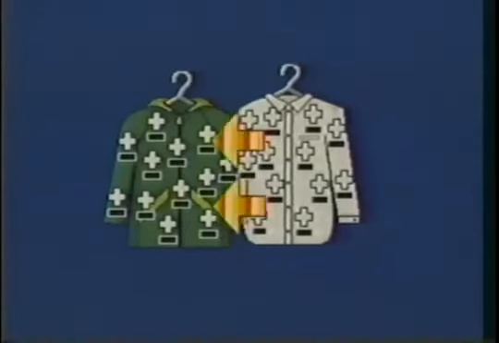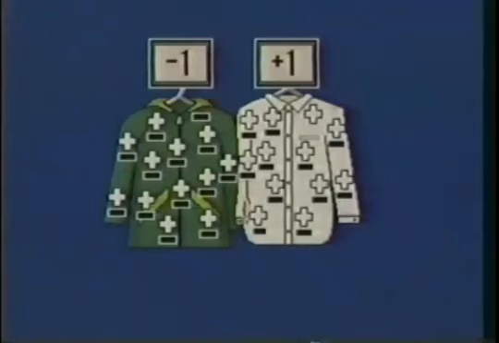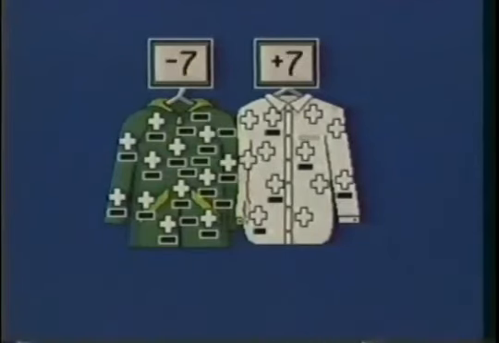Now, rubber has a stronger attraction for electrons than cotton. As a result, the electrons transfer from the shirt onto the rubber raincoat. The raincoat now has a negative charge, and the cotton shirt a positive charge.